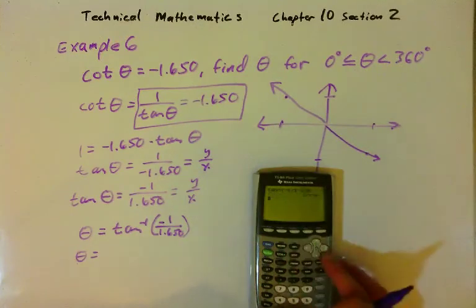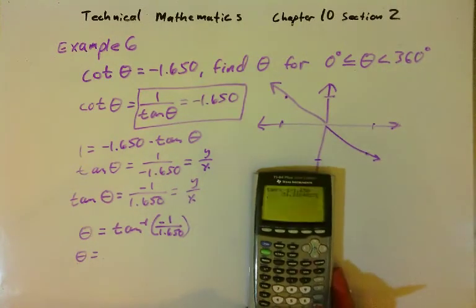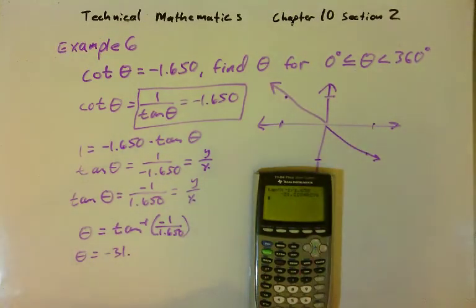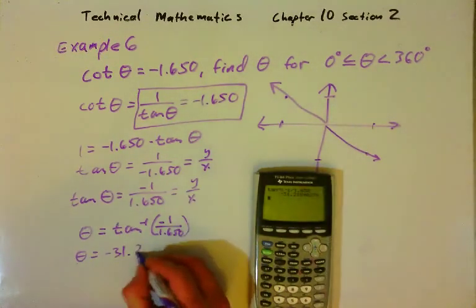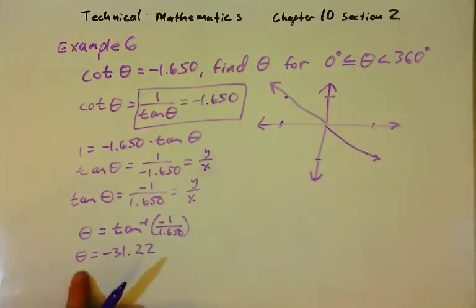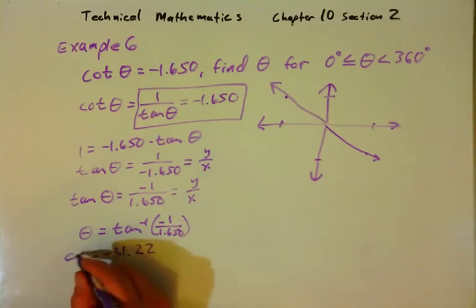Oops. Let me try again. The inverse tangent of negative 1 divided by 1.650, and we get negative 31.22. And so that is not actually theta, that is alpha, the reference angle.